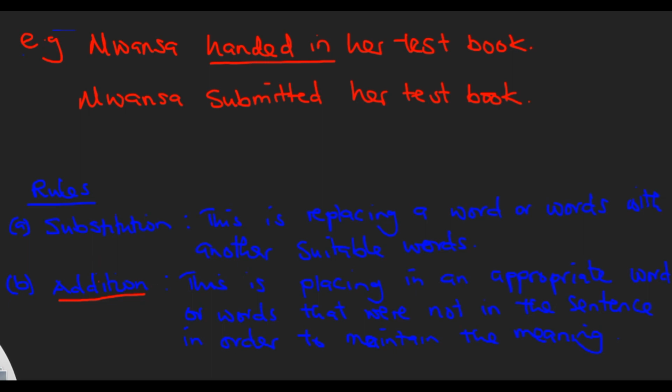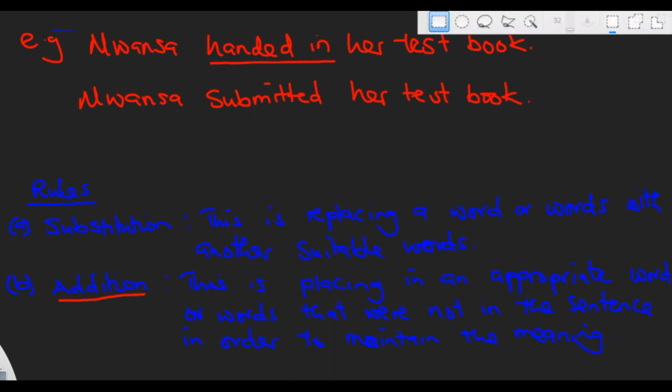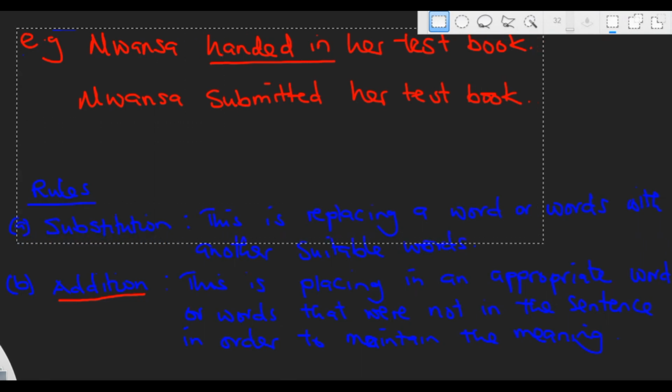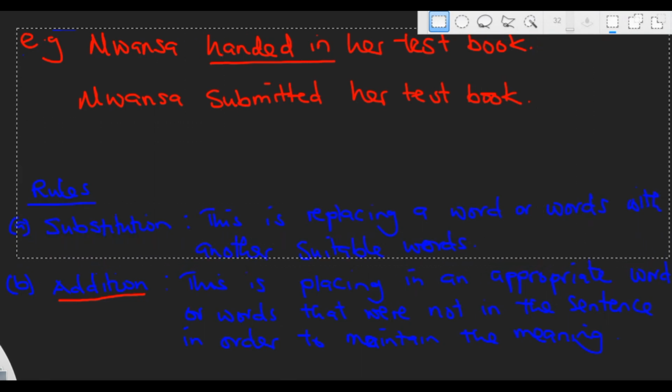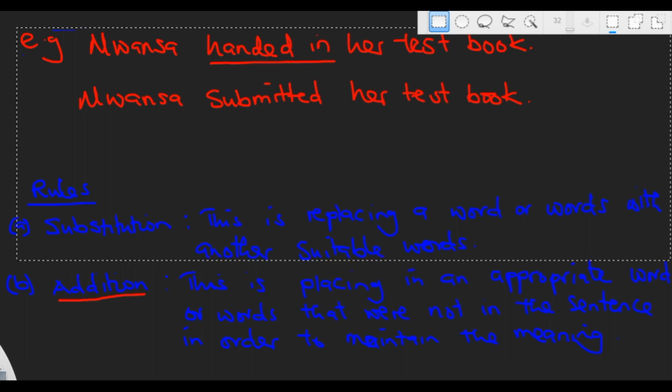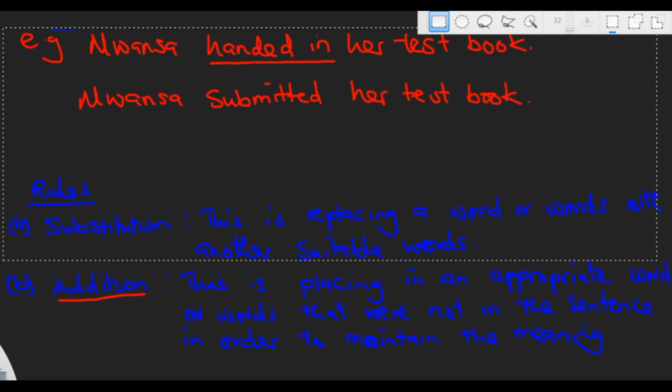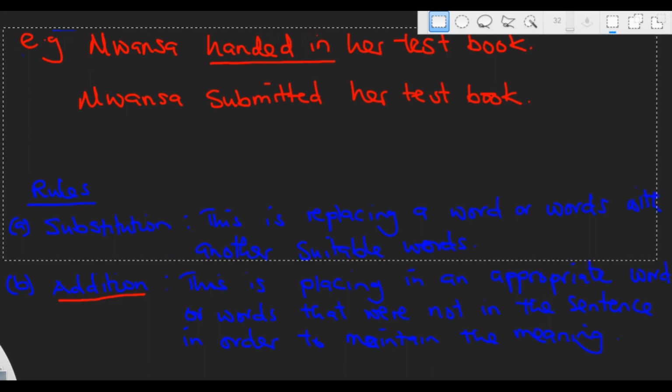So we can give an example on addition. We can give an example so that we understand what we are talking about. These rewrites, you're going to find them in an exam.